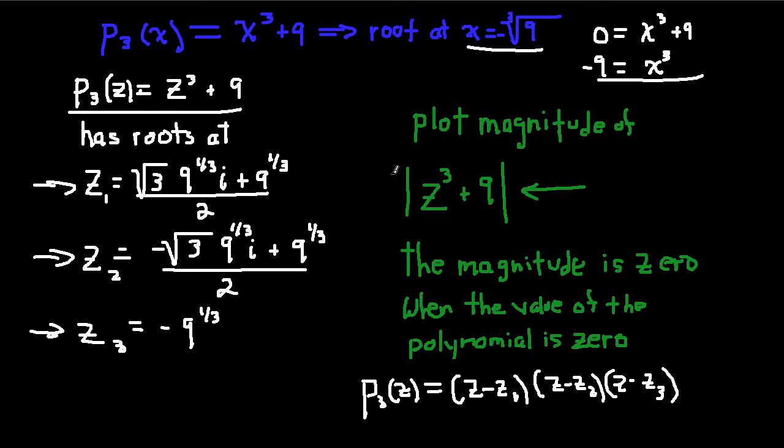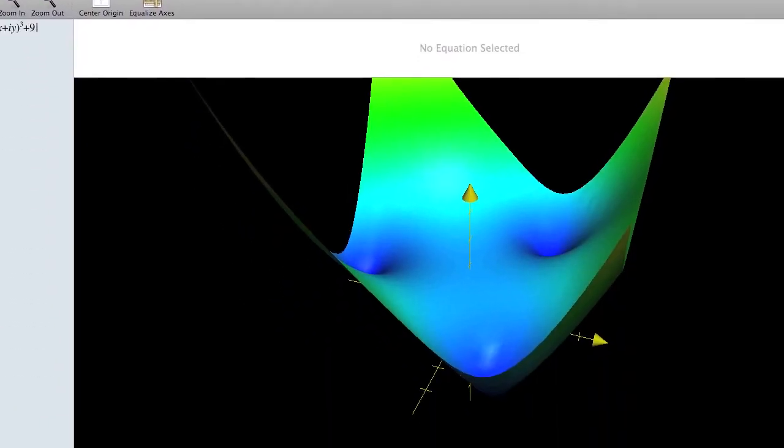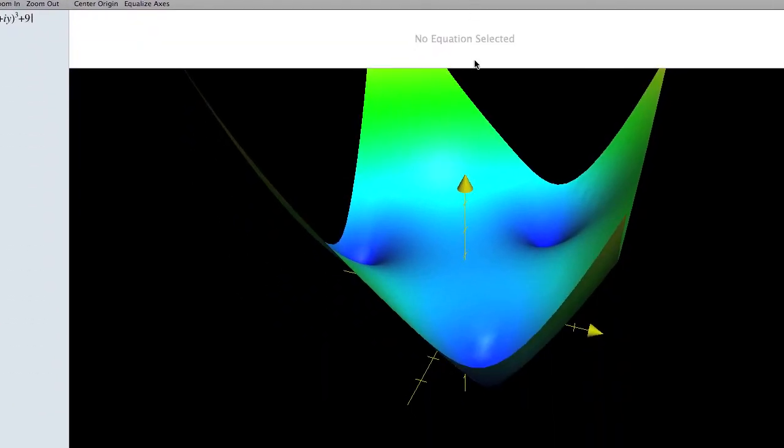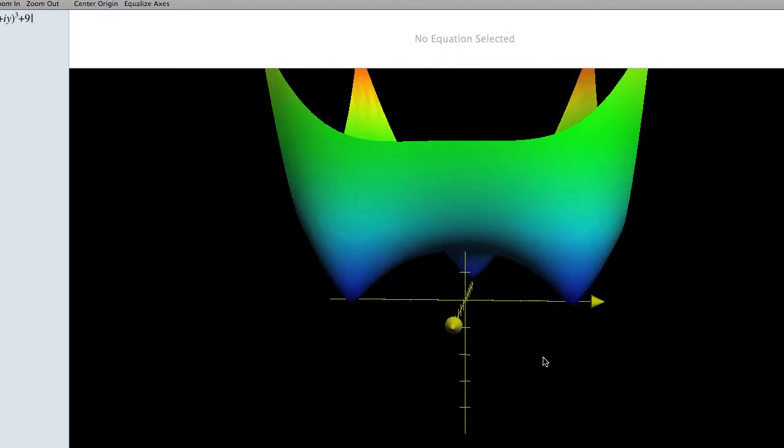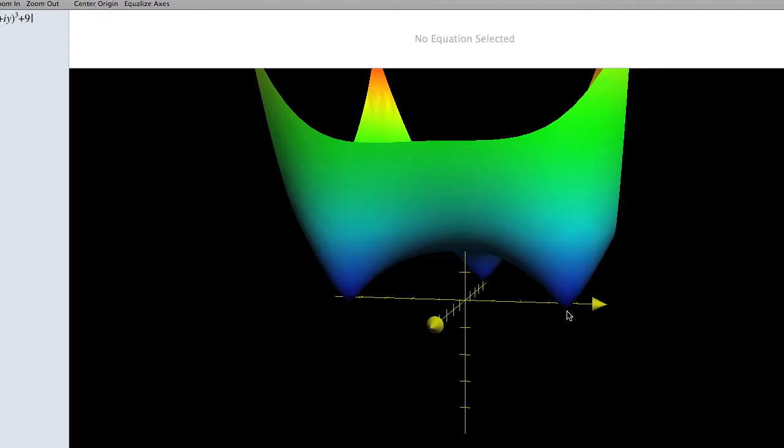Actually, what I'm going to do is plot the magnitude of this function, the magnitude of Z cubed plus 9, because whenever this magnitude is equal to 0, the function will also equal 0. So plotting the magnitude of that function, here is what I get, okay? See that? This is the x-axis, and this axis along here is the y-axis.